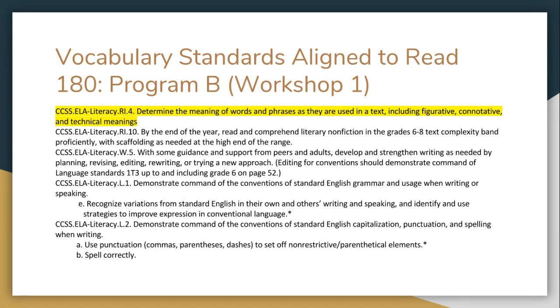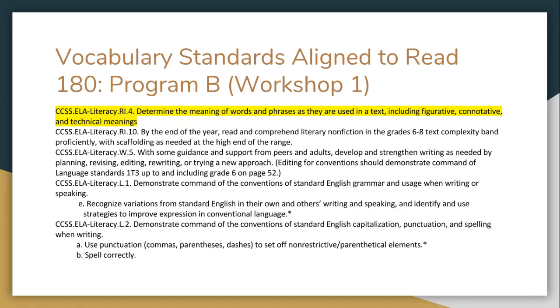There are dozens of standards associated with a singular workshop that are Common Core state standard aligned. So just focusing on the vocabulary, there's determining the words and phrases as they are used in a text. There's comprehending literary nonfiction, including comprehending the vocabulary words.